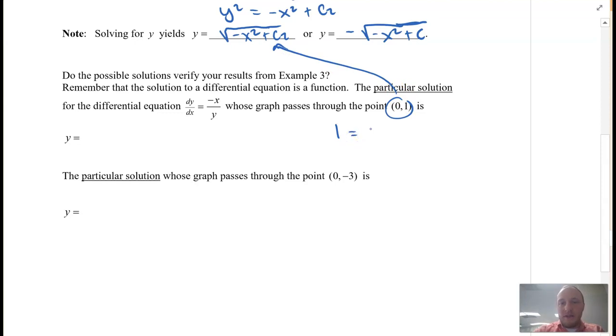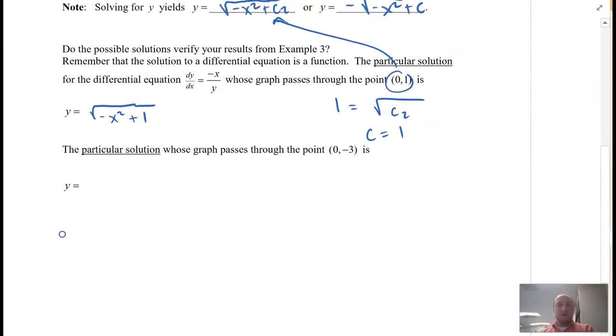So 1 is equal to the square root of, if I plug in 0 for x, it becomes 0, and I get c. If I square both sides, we get c is equal to 1. Thus, our particular solution is the square root of negative x squared plus 1.